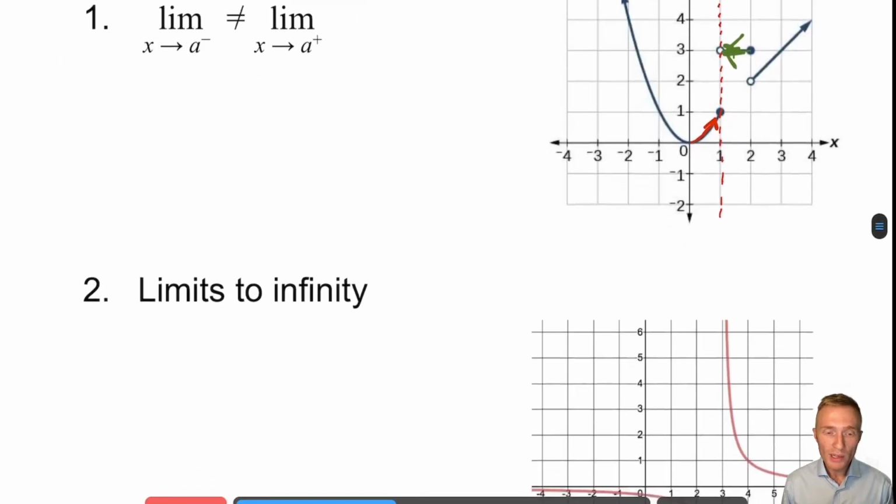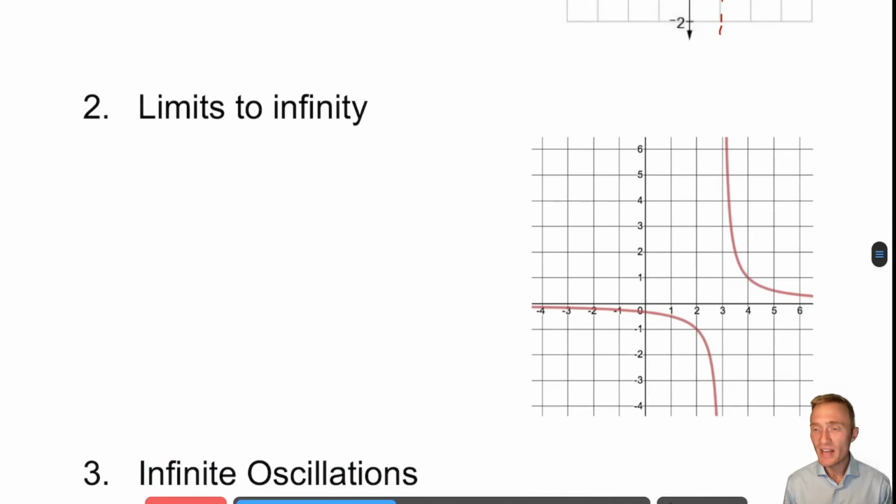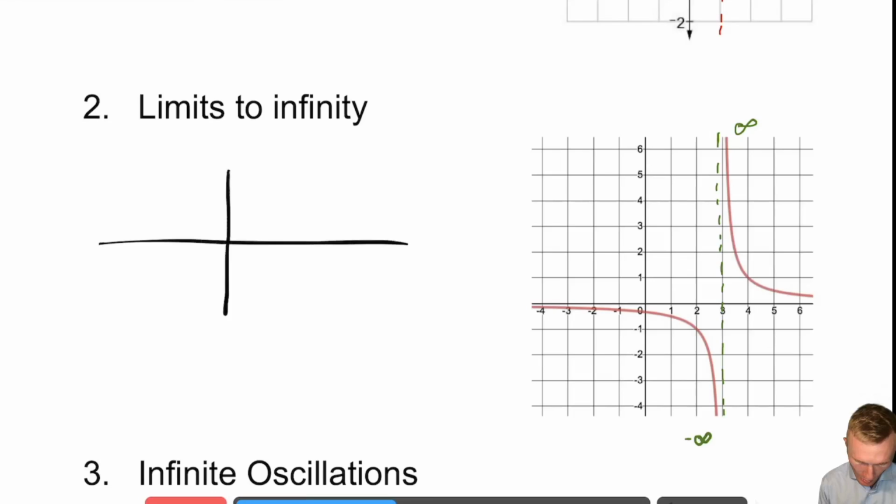Another example of why limits would fail to exist would be limits at infinity. In this case, if we look at what's happening at x equals 3, the limit as x approaches 3 from the left is negative infinity. The limit as x approaches 3 from the right is positive infinity. Now some textbooks will even say, let's say we had the graph of y equals 1 over x squared.